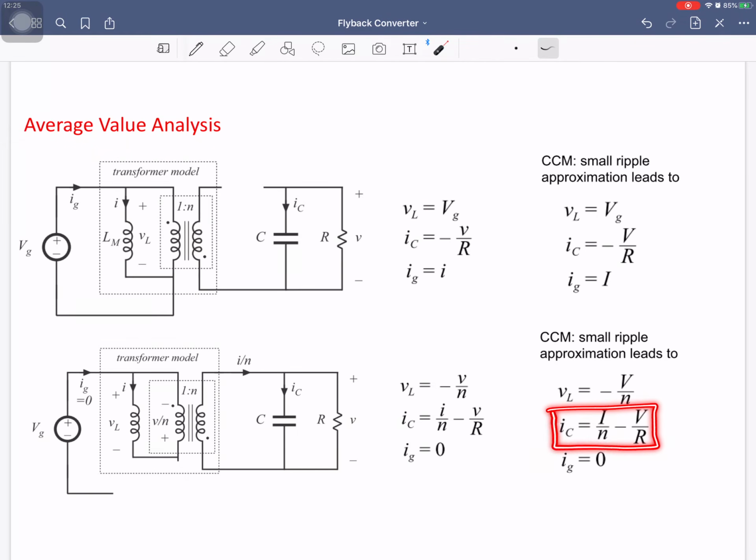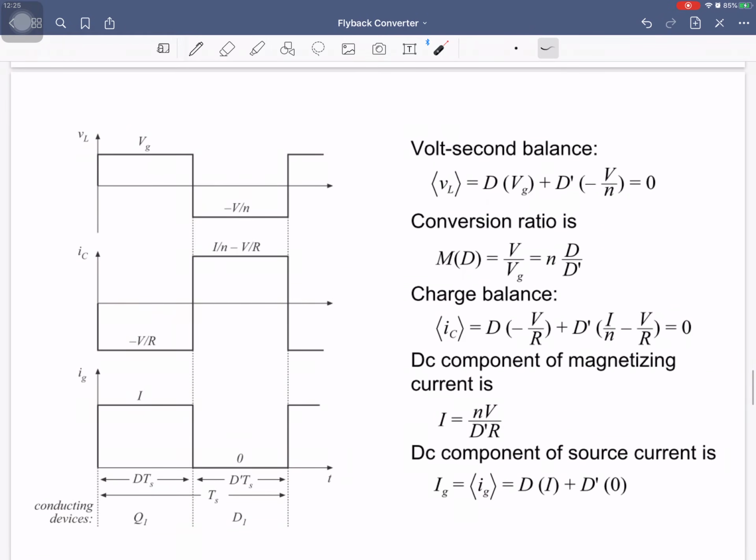I by N minus V by R, right? And what's the source current? Source current is 0. So now going back to this slide, in the second mode of operation, our inductor voltage is minus V by N, and the capacitor current is I by N minus V by R, and the source current is 0 for the interval D prime Ts when our diode D1 is in the on state.